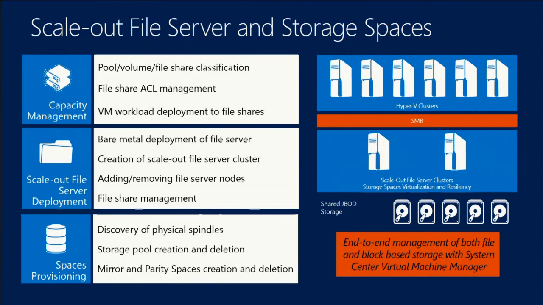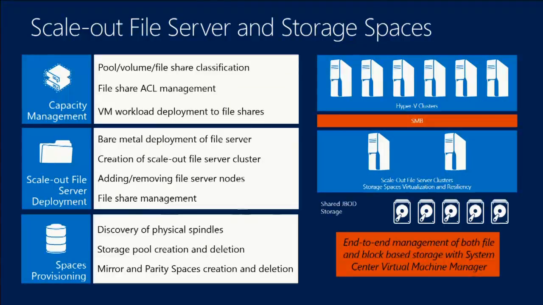So from an end-to-end management perspective, just having that alone is very powerful because we can automate the entire workflow and also have it ACLed to a Hyper-V cluster. And if you have a 64-node cluster, you probably don't want to ACL or add the computer account for every machine in the cluster. We've gone a step further in this release, and now we support bare metal provisioning of a scale-out file server.